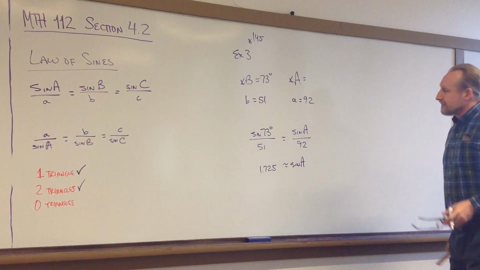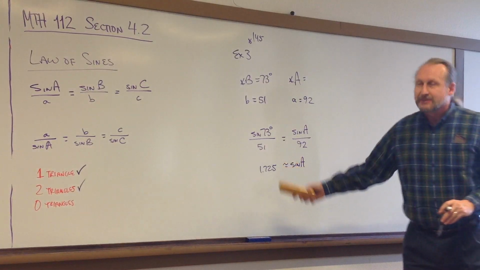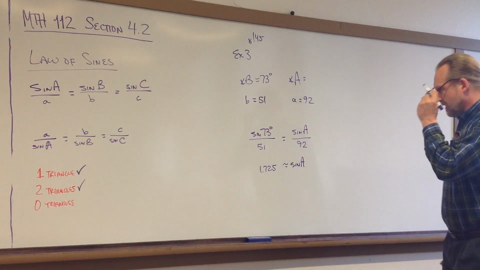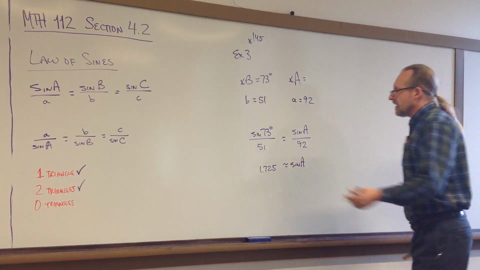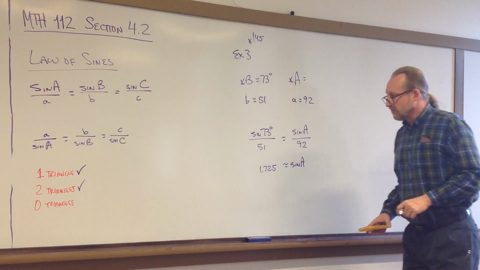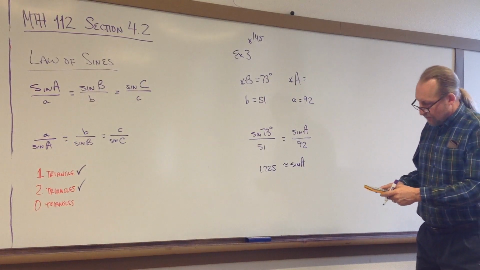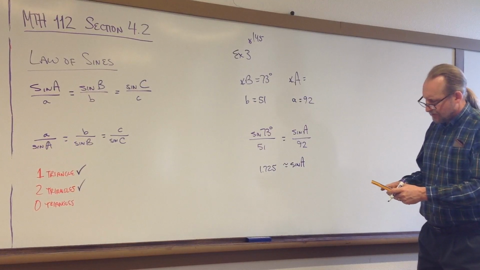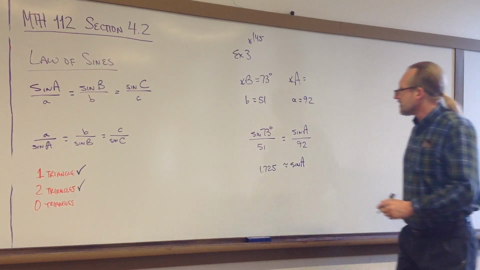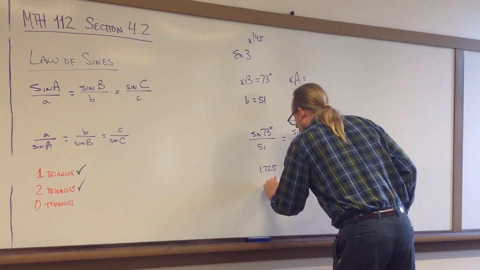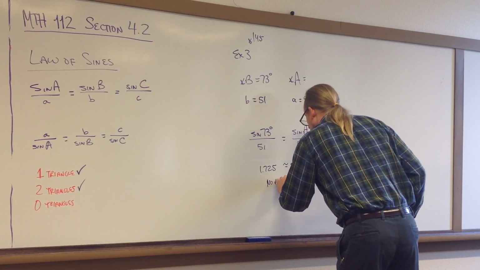Well, if you remember, there's no real solution for this. You can't have a real valued angle that has a sine greater than 1. All right? And even if you don't remember, when you try to do the inverse sine, you'll get an error. Okay? So, no real solution.